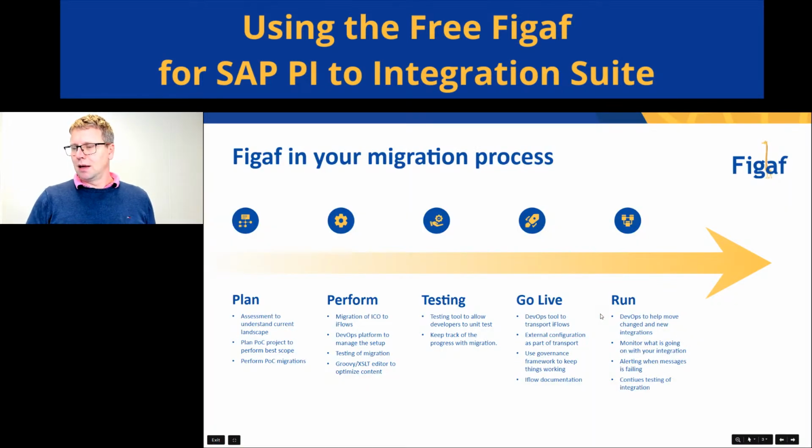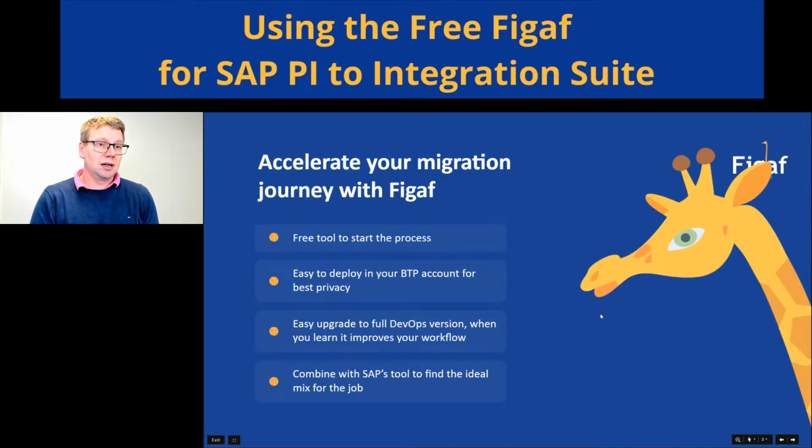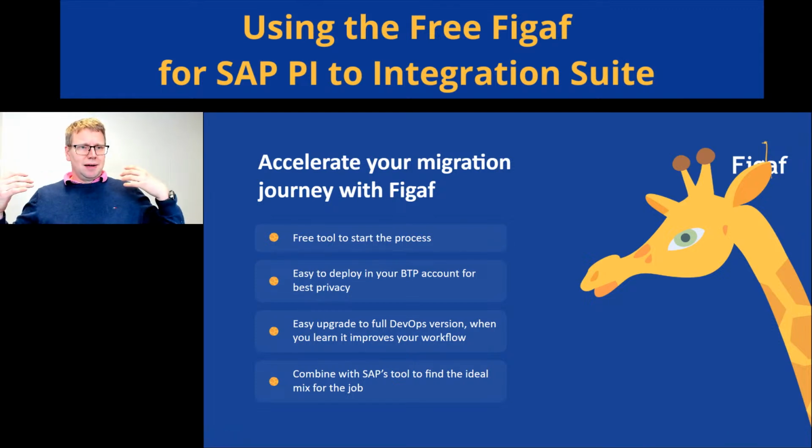Let's see. So it's a free tool that enables you to get started. You can deploy it in your BTP Cloud Foundry app, and I think that's our recommended target for most customers. You can also use it locally, run it in a Docker. So there's a number of different ways to do it.